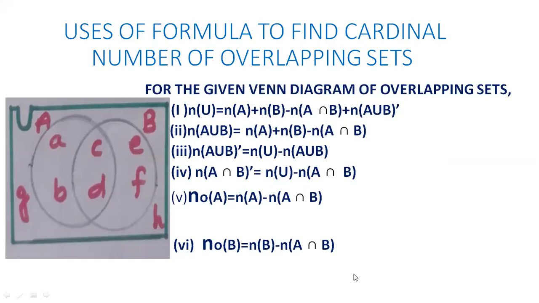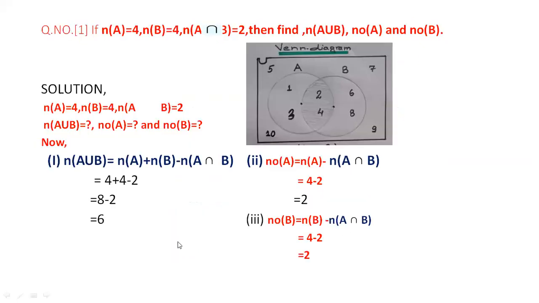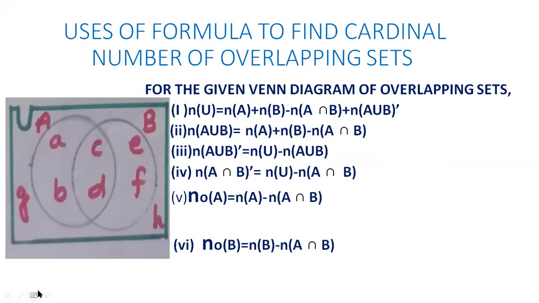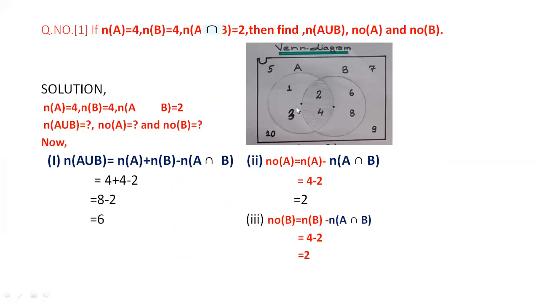Now I am going to show you the next question. Look at this one. This is for one solution. Look, here 2 sets are given. One set A, another set B. Look, what is given in the question?